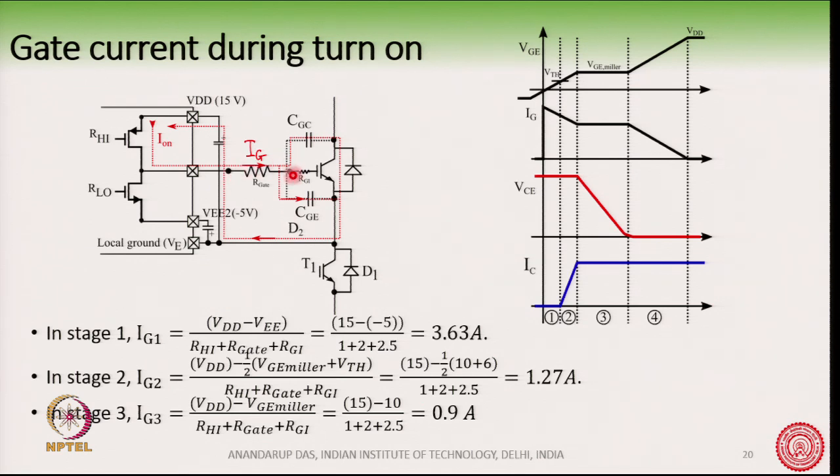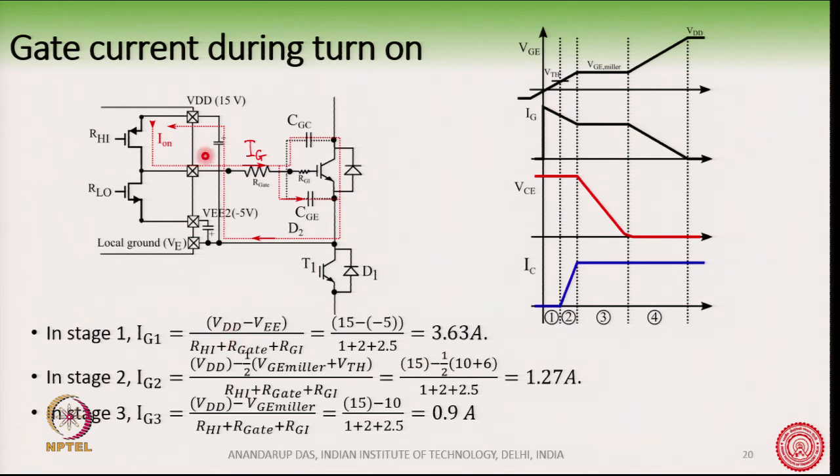Of course, then we have CGE and CGC, and the circuit is completed here. Then we can find out approximately what the gate current IG1 is at stage 1.